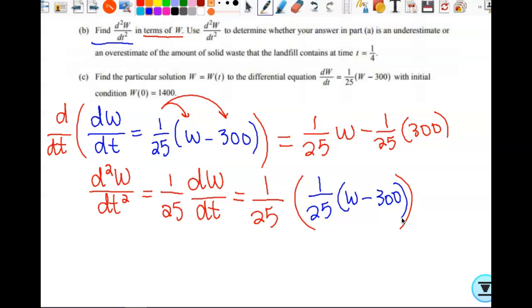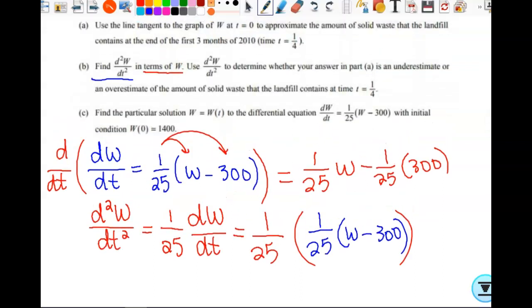After doing all that work, we can't forget that there's a second component to this part: use that second derivative to determine if our answer in part A was an underestimate or overestimate. So what do we need to consider here? How do we determine when a tangent line approximation is an overestimate or an underestimate?